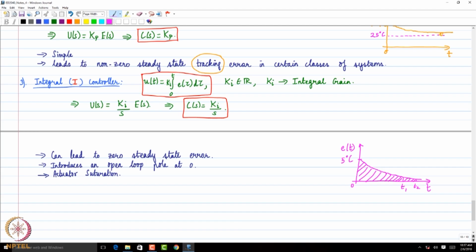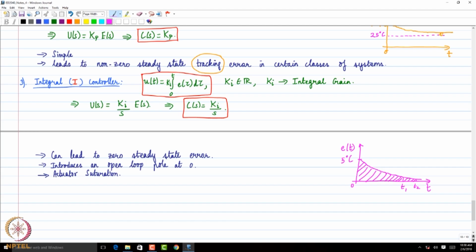I may ask for, let's say, X liters per minute, but the capacity of the actuator may be less than X liters per minute. That may be possible. So that is another limitation with integral control. So we need to be a bit more careful. This is what is called actuator saturation, when you design integral control.